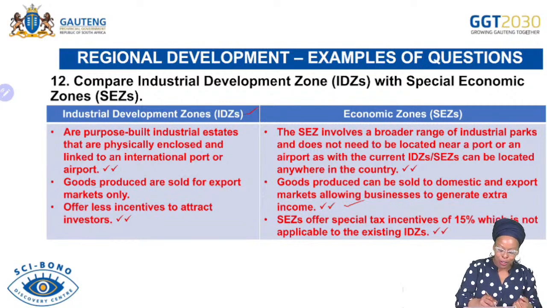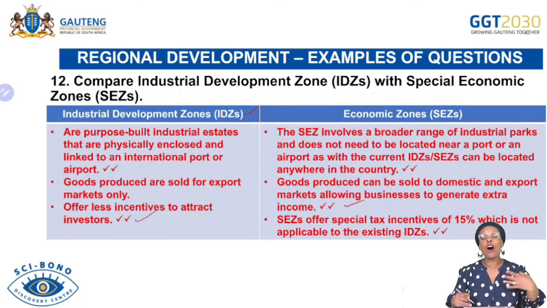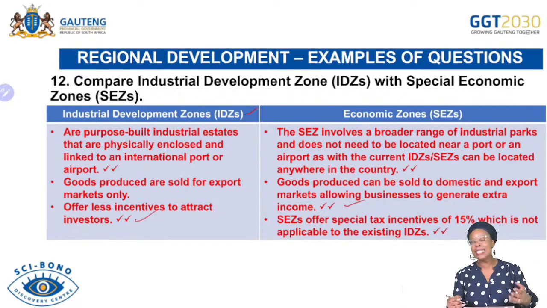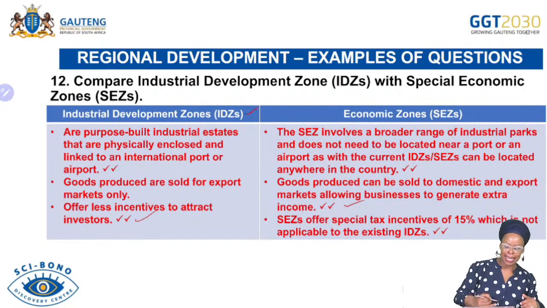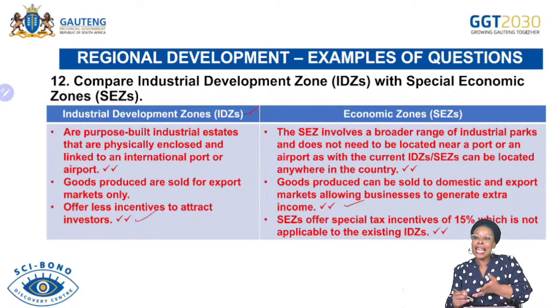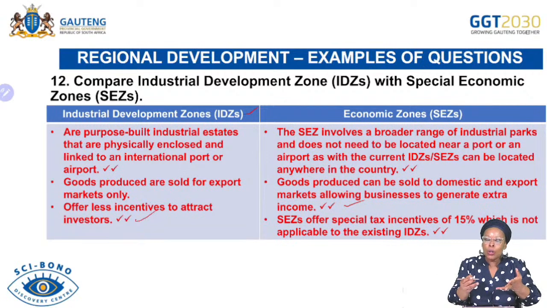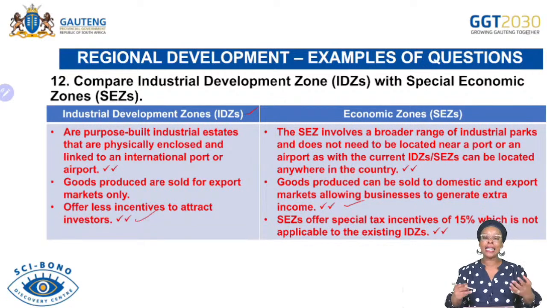You can also mention that IDZs offer less financial incentives to attract investors, whereas the SEZs offer more financial incentives, such as the 15% reduction in corporate tax. You can even mention the others.